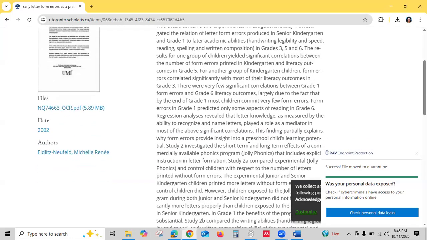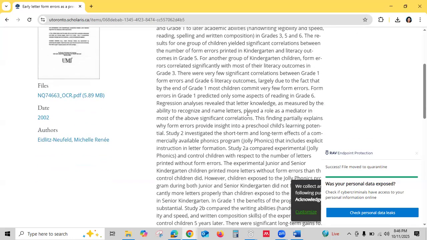Let's see. Here, these findings partially explain why form errors provide insight into a preschool child's learning potential.